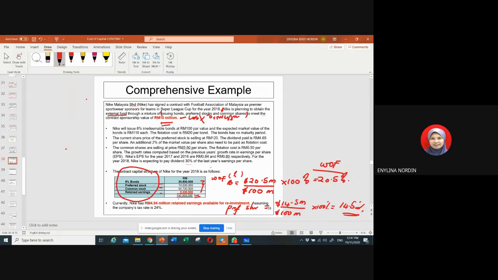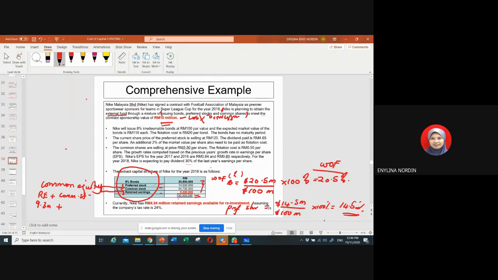What about common stock and retained earnings? Okay, this part you must take note. This part you have to plus. Right, then we call it common equity. So dalam common equity tu you plus dengan retained earnings. So berapa total retained earnings? 9.3. So retained earnings plus common stock. So retained earnings amount 9.3 million.